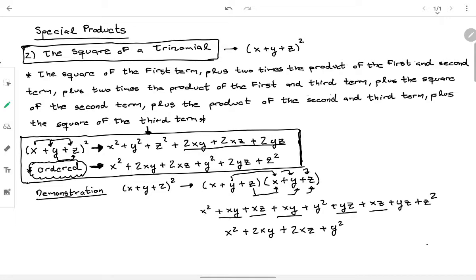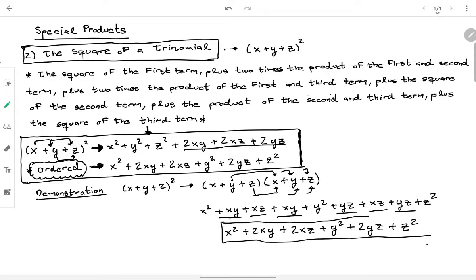Then we get yz and yz, that's why we get 2yz. And finally plus z squared. And this is why the demonstration of this special product is the one that we have on the top part: all the combinations multiplied by 2 and all the terms squared. So this is the demonstration for a trinomial squared.